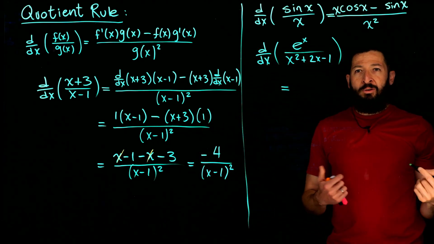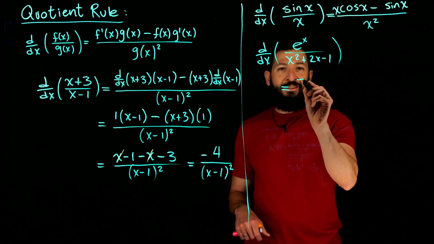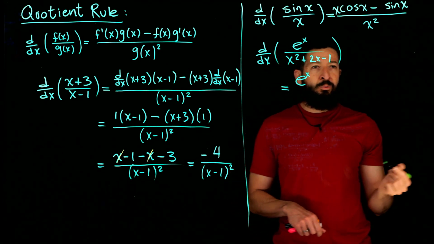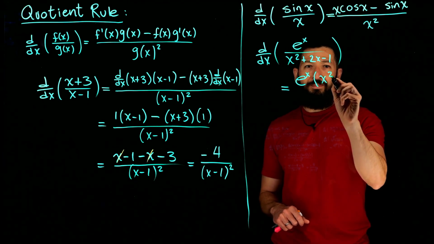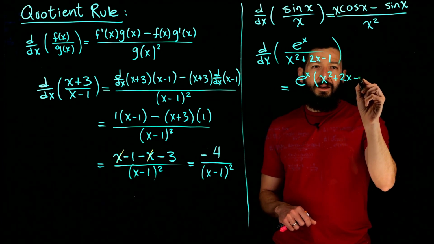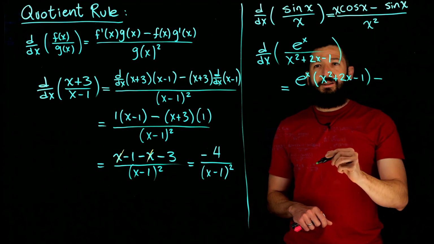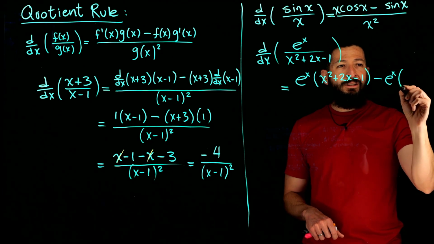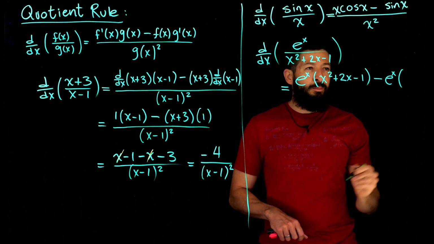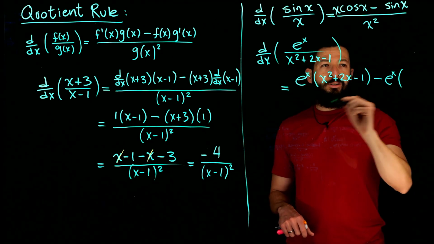Remember, the derivative of the numerator here is just e to the x because e to the x is its own derivative, so that's that, times the denominator minus, copy the numerator, which is another e to the x again, times the derivative of the denominator. Derivative of x squared is going to be 2x.